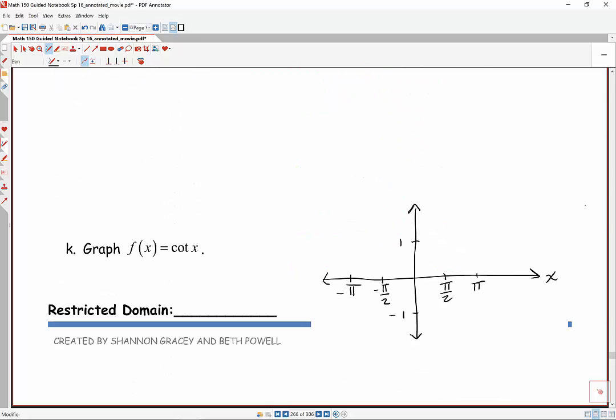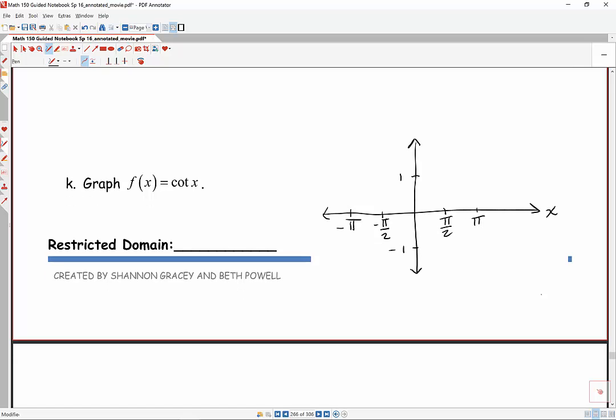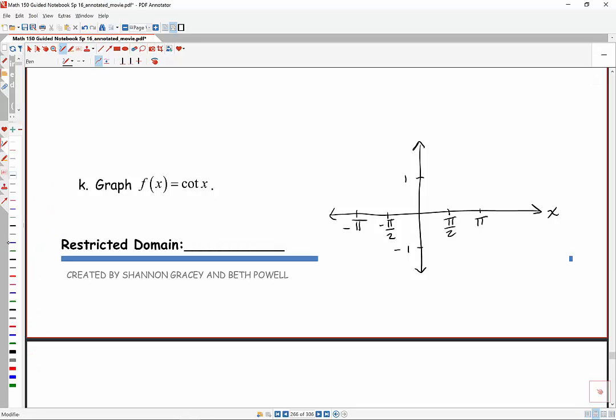So this graph will have vertical asymptotes at x is 0 and at x is pi. So at pi over 2 the value will be 0, and at pi over 4 it'll be positive 1, okay? And at 3 pi over 4 it'll be negative 1. So this one is going to be decreasing, and it'll look something like this.